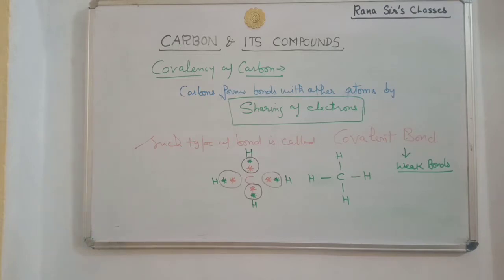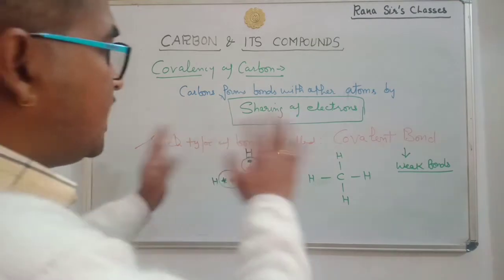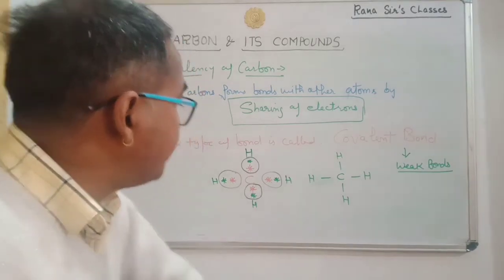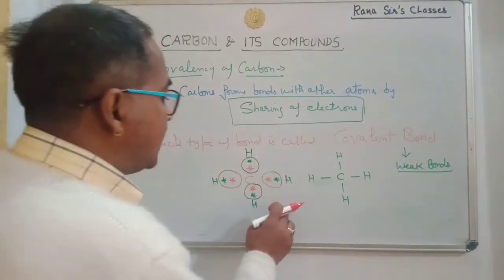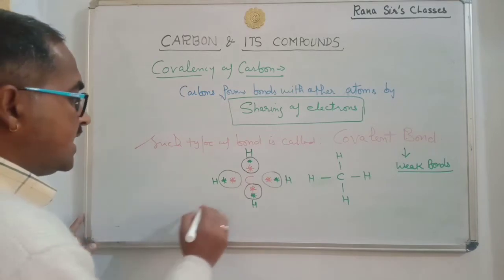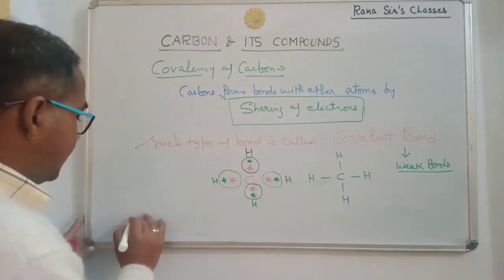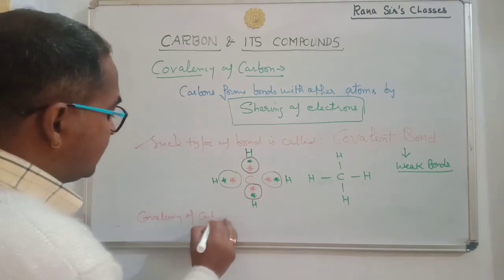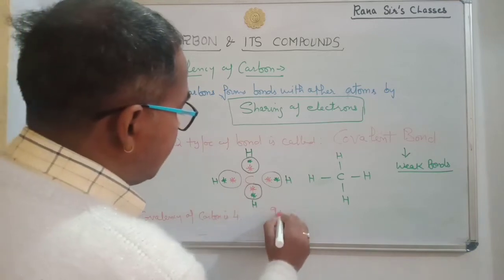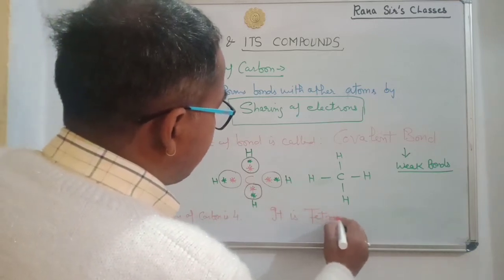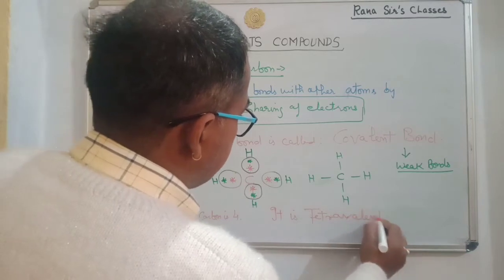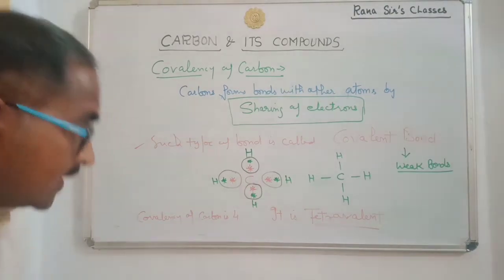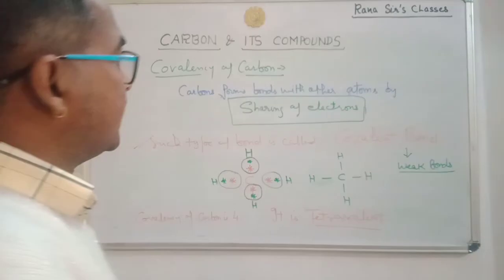Now students, this property of sharing is called covalency, and you see, carbon is sharing its 4 electrons, so its covalency is 4, or we can say covalency of carbon is 4, means it is tetravalent. Tetra means 4. Tetravalent in nature. So you can also make your concepts clear now, I think.